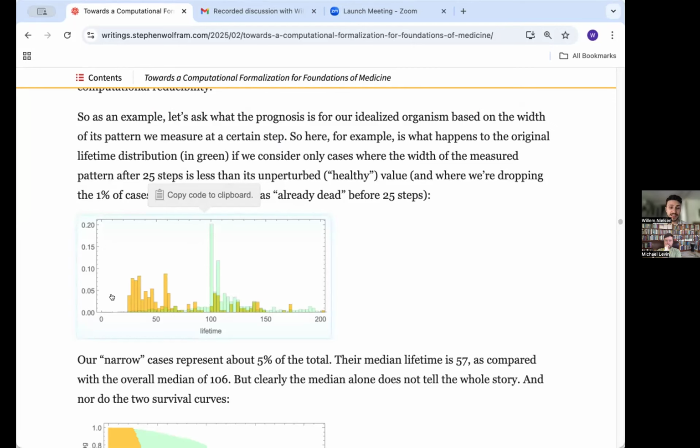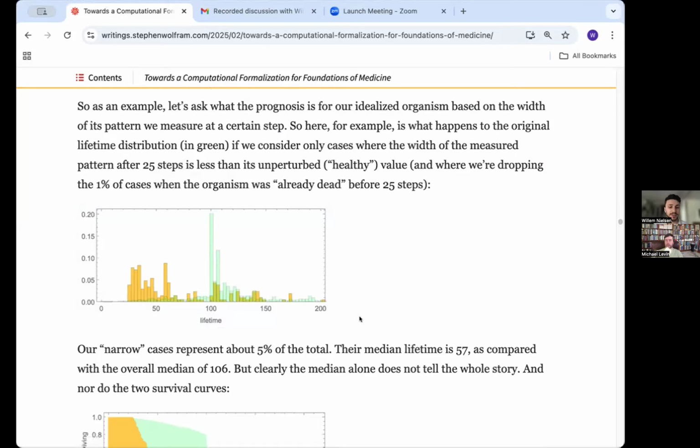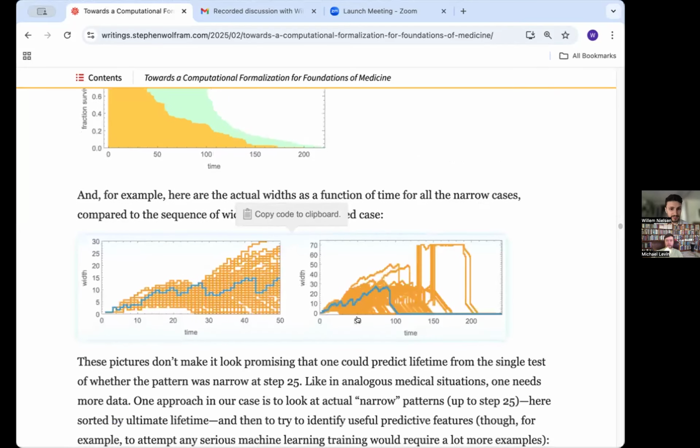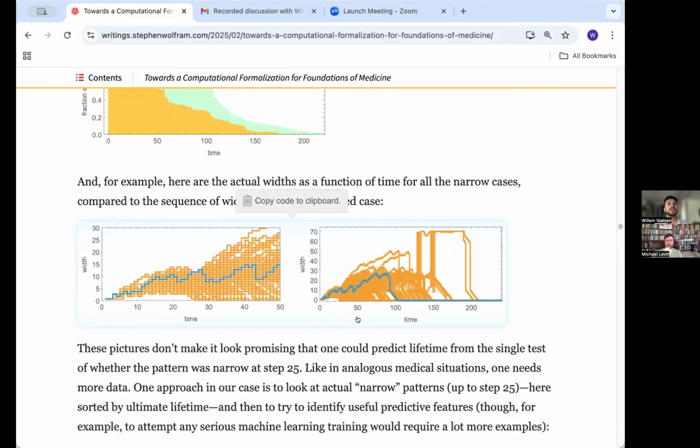It's observing that the lifetimes are all messed up because the doctor observed a different width. The goal is then, from the width of the automaton, can you predict what's going to happen to that kind of organism?